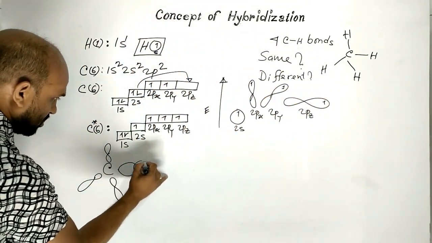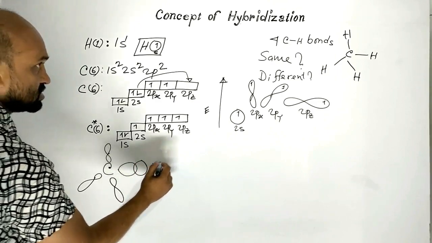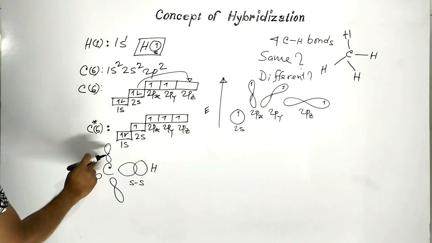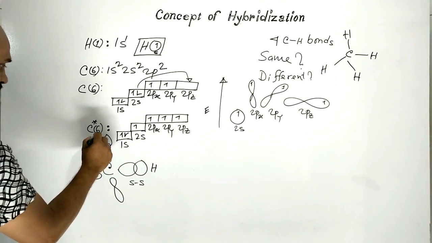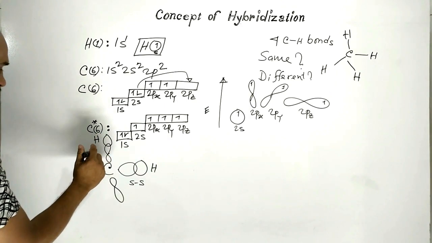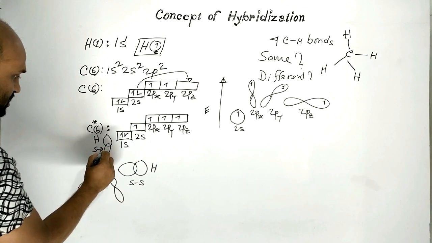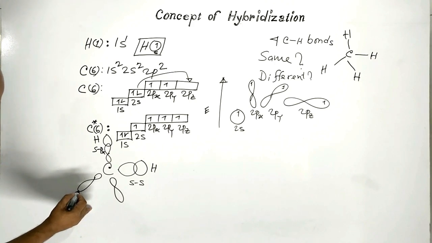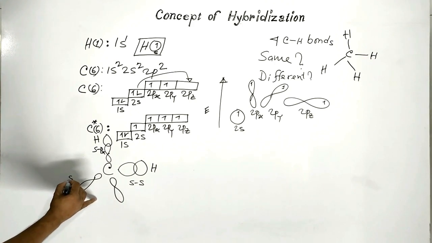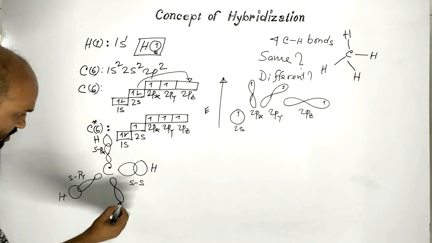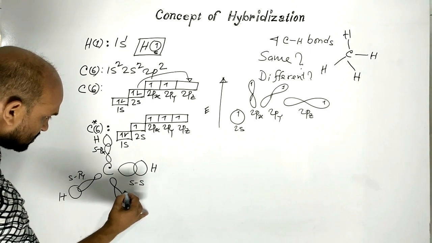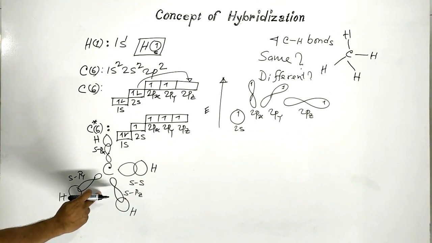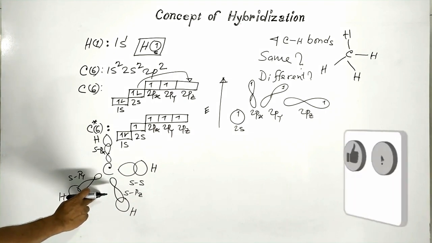With the s orbital of one hydrogen atom, one carbon-hydrogen bond is formed by ss overlap. With another hydrogen atom, a bond is formed by sp overlap, suppose spx. Another carbon-hydrogen bond is formed with py, and another with pz. So in methane, four carbon-hydrogen bonds are formed.